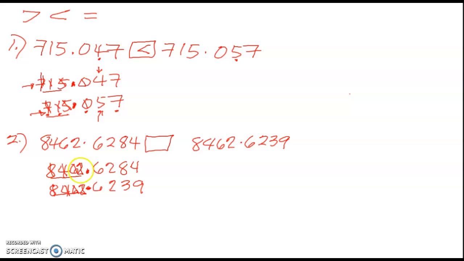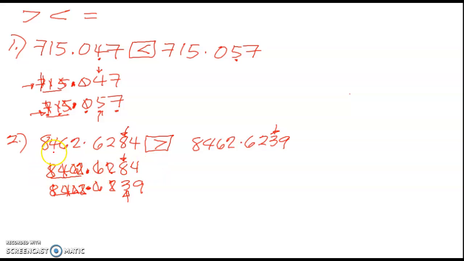Let us proceed with the decimal. 6, which is in the tenths place, are the same. 2, which is in the hundredths place, are the same. 8 and 3, which is in the thousandths place, are not the same. So if we compare them, 8 is bigger than 3. Therefore, because of this, this number is greater than.